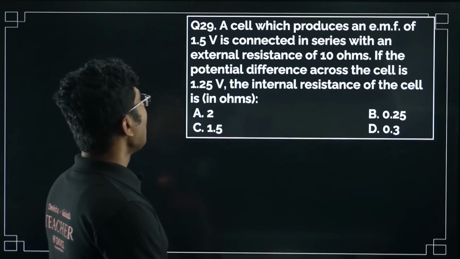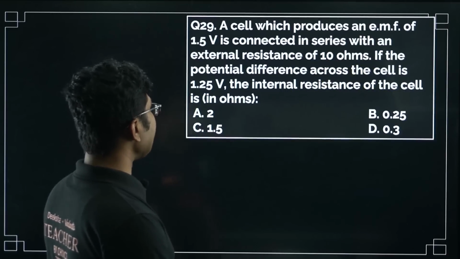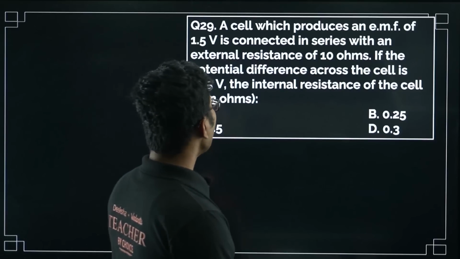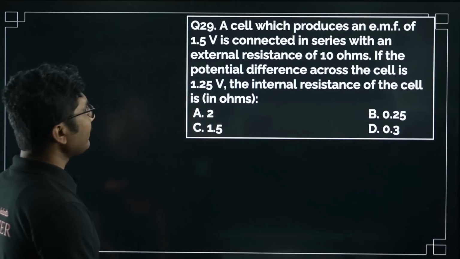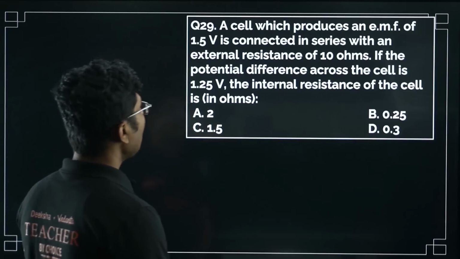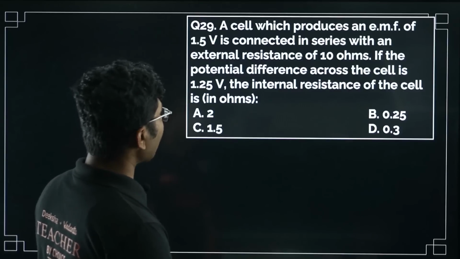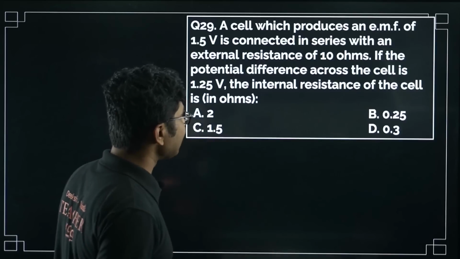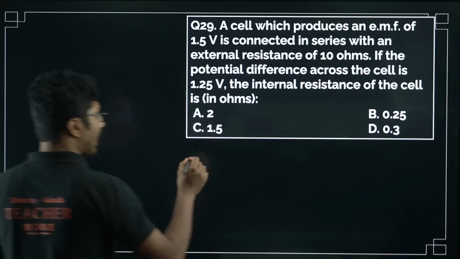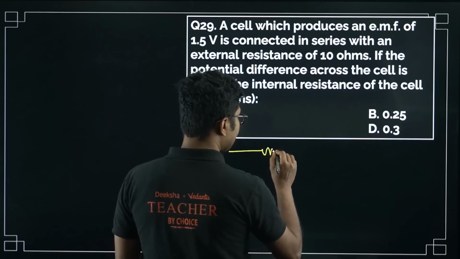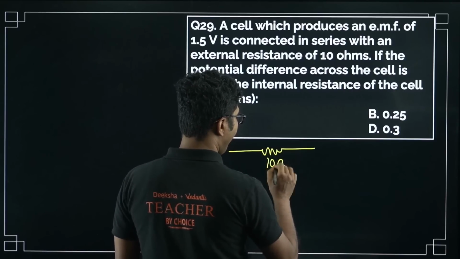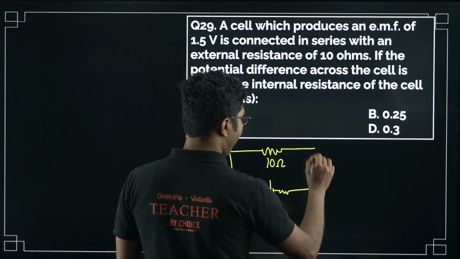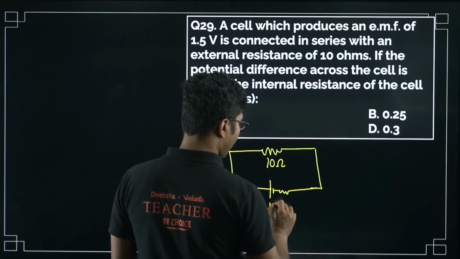Next question. A cell which produces an EMF of 1.5 volt is connected in series with an external resistance of 10 ohm. If the potential difference across the cell is 1.25 volt, find the internal resistance of the cell in ohms. So we have an external resistance of 10 ohm and a cell of 1.5 volt.